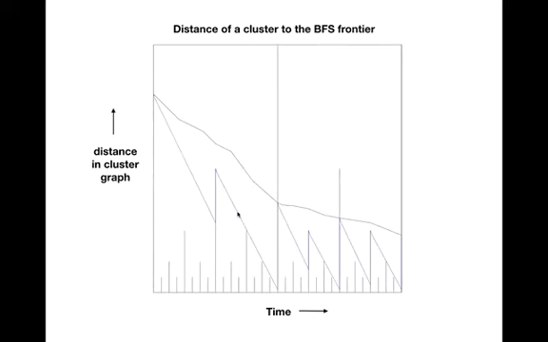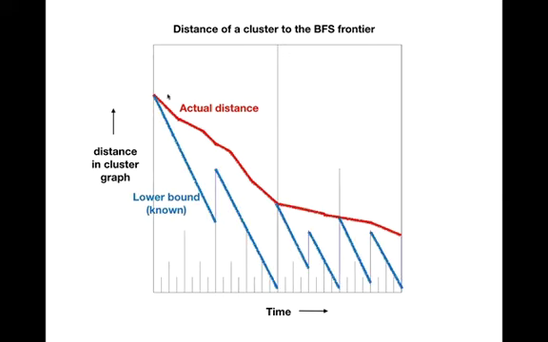These vertical tick marks here are the schedule for when you're going to wake up. And the red curve represents the actual distance in the cluster graph. Originally, your lower bound on your graph distance is equal to a scaled version of this actual distance.